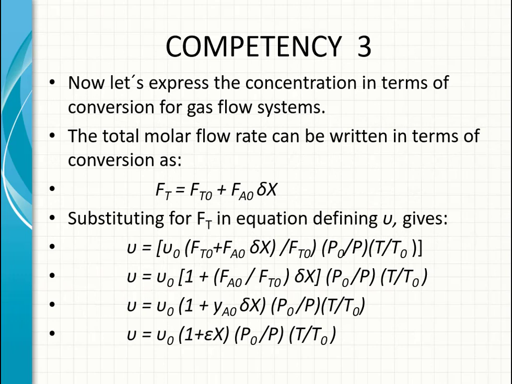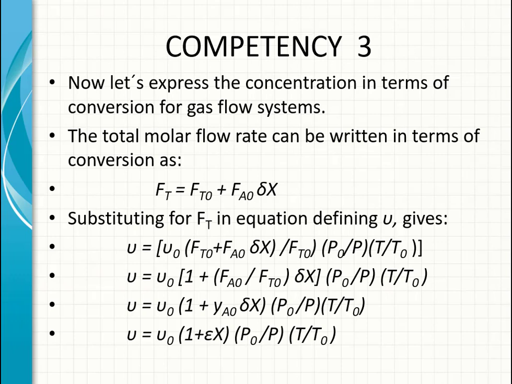Now, let's express the concentration in terms of conversion for gas flow system. We must remember that we want the concentration in terms of conversions to use it in the Levenspiel chart or plot to obtain the volume of the reactor, something that we will use later on.